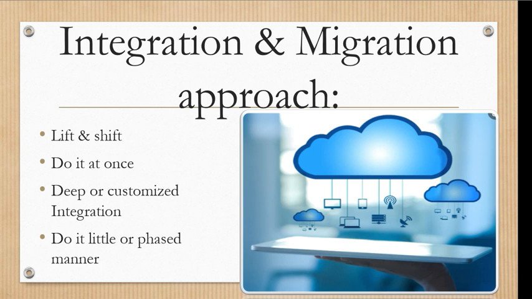Then we can take the lift and shift approach, and that's the easy one. The deployment team will not need to do any, or only minimal, customization to the application that is currently running.